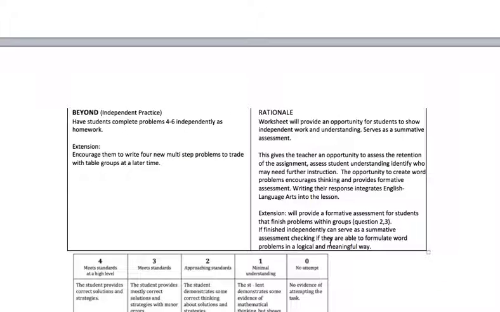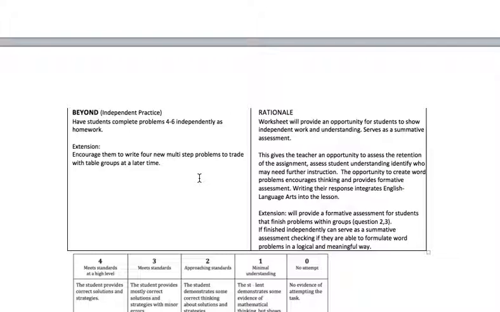Beyond the independent work process, I will be having the students complete problems 4 through 6 independently as homework. The worksheet is going to provide the opportunity for students to show their independent work and understanding and serve as a summative assessment.